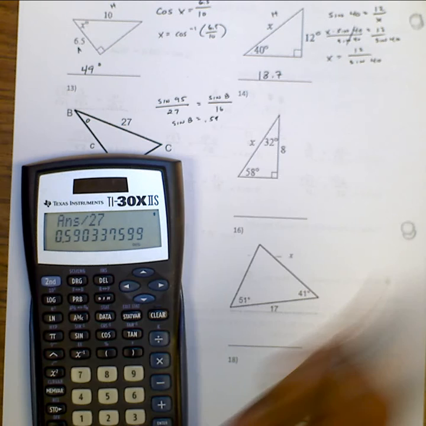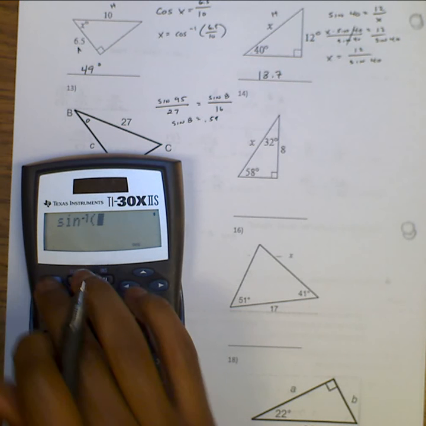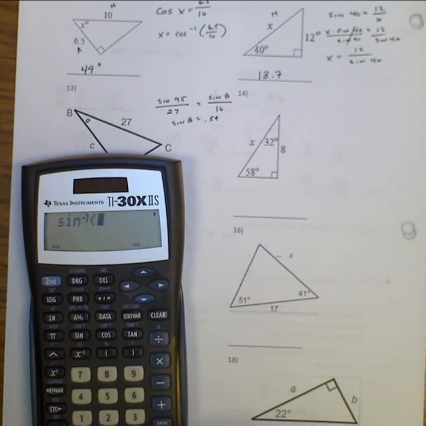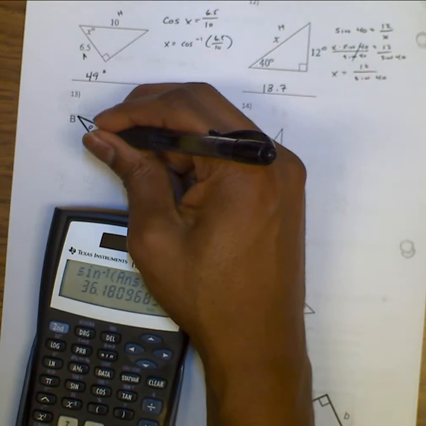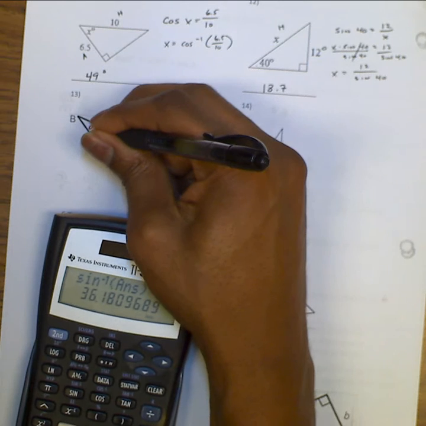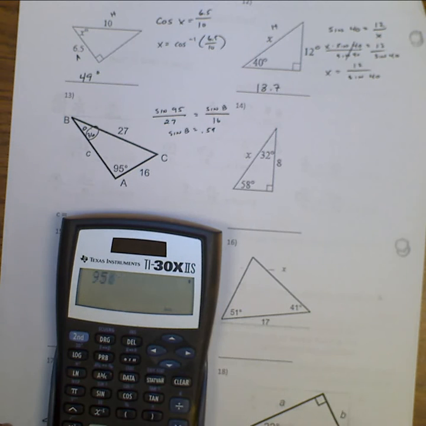Okay, but I want to find out what B is, so I'm using inverse sine to get that all the way by itself. I'll just put answer so I don't have to round my answer. And I find that B is 36 degrees. Okay, I'm going to use that to find out what angle C is. 95 plus 36, 180 minus that answer should give us 49.